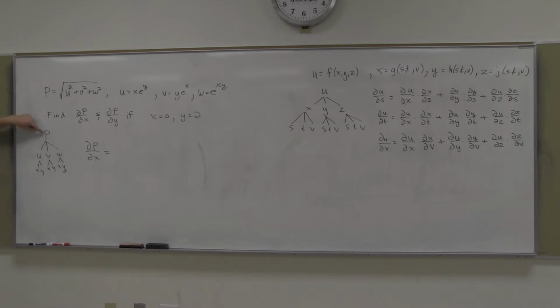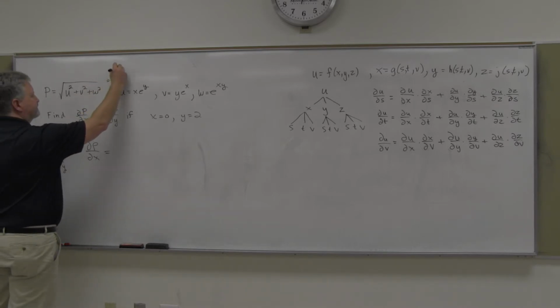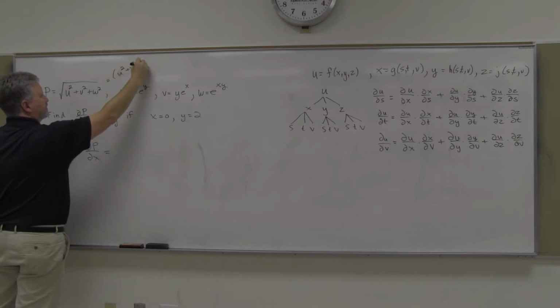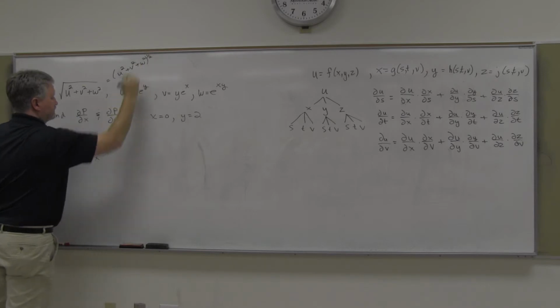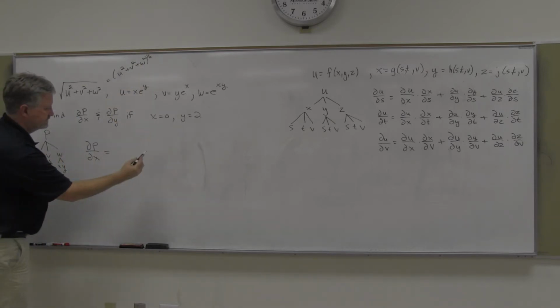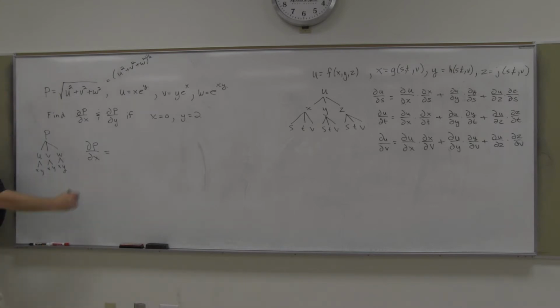Well, it's going to be the partial of p with respect to u. It looks bad, but since they're all pretty much the same here, of course we've got to do our 1/2 power thing. So we start with the partial of p with respect to u.